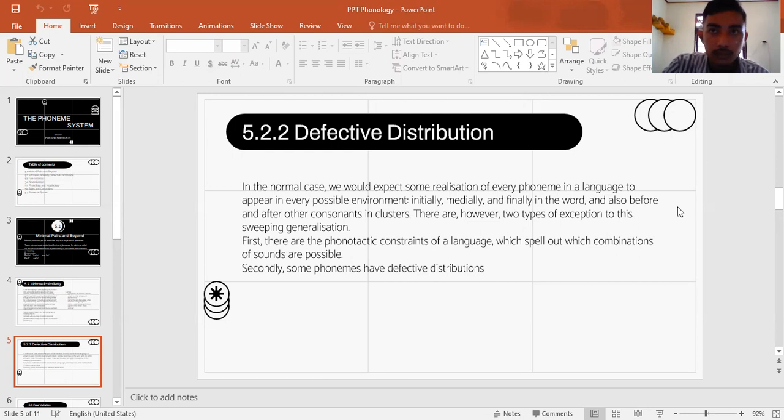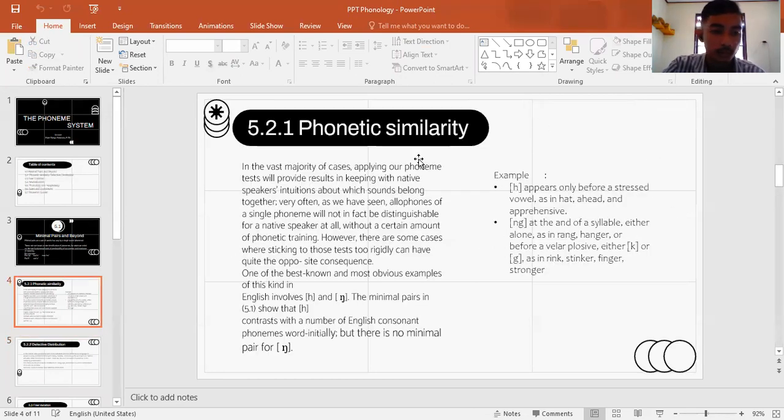English h and ng fall into this category, since the former is available only syllable initially and the latter only syllable finally. Because of this defective distribution, they are mutually exclusive. The English h and ng are in complementary distribution.